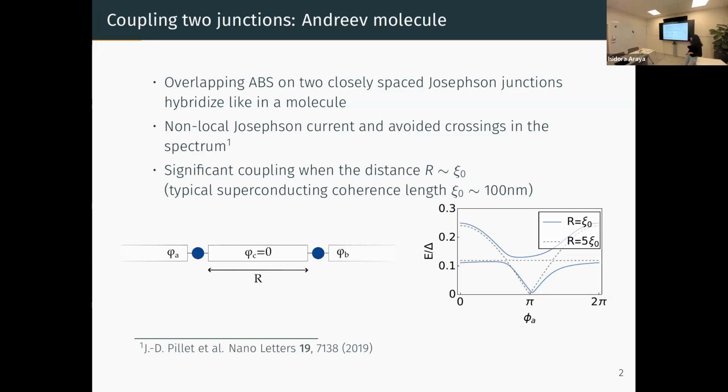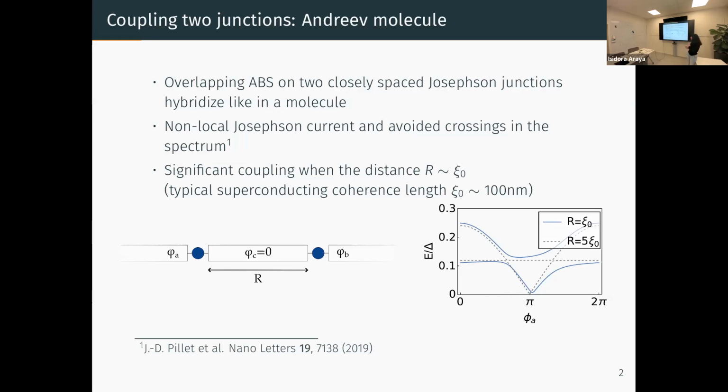And on the level of the spectrum, what you get is this kind of figure I show here: you would get some avoided crossings in the spectrum. So here I plot the gray lines, which are when the junctions are far apart, so 5 times the superconducting coherence length. And what we see is that one of them is basically unaffected by the phase change, so it's completely decoupled, and the other just shows the typical Andreev bound state dispersion.